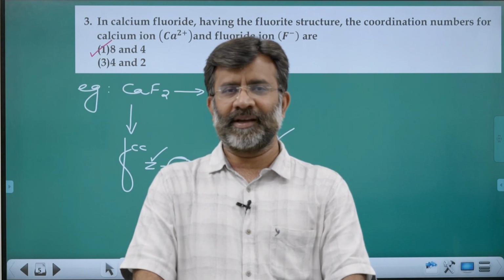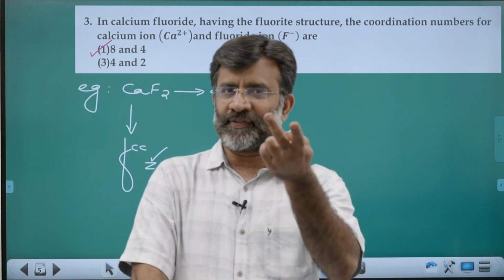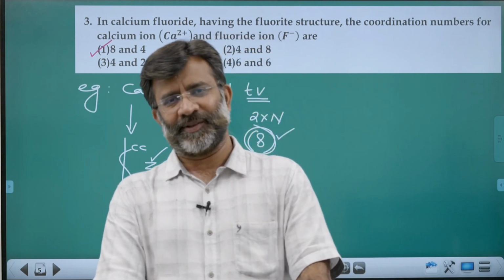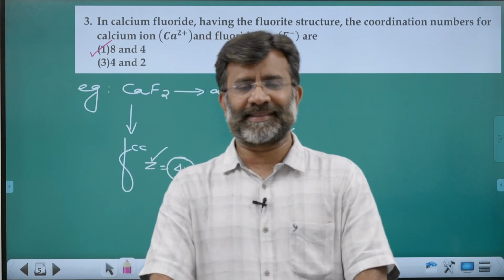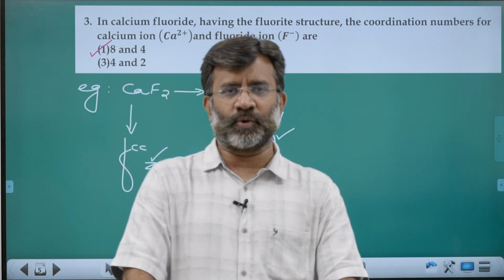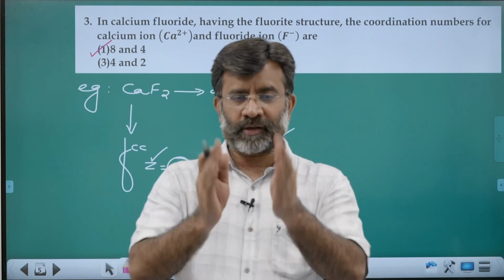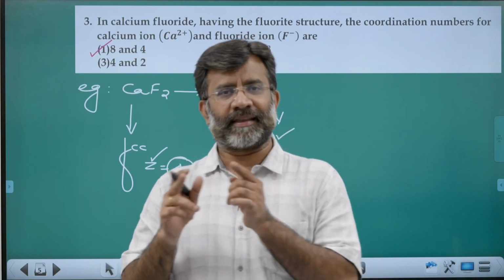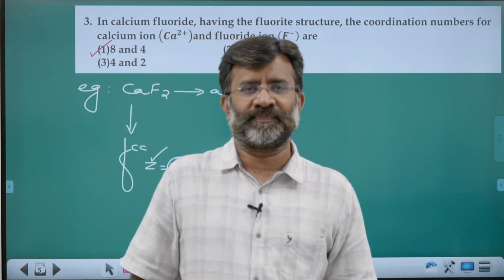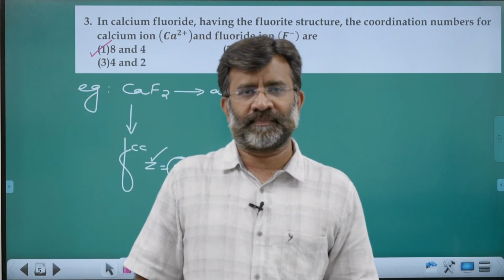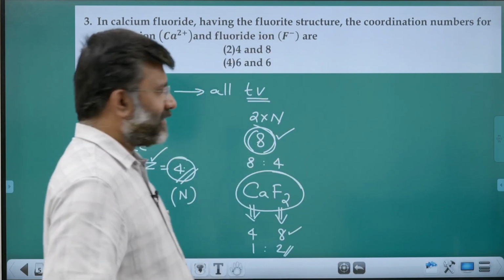Now think about how it comes in anti-fluorite structure. You have learned, what comes in anti-fluorite structure, say for example Na2O, where oxygen makes FCC and cation present in all tetrahedral voids. Check out. Just opposite.